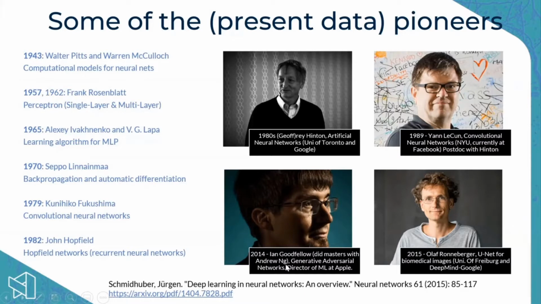And the final name I want to mention here is Ian Goodfellow. And he invented the adversarial neural networks. And these are a very, very exciting, somewhat revolutionary way of doing deep learning by having 2 networks. One is a generator, which will generate potential, in this case, let's say images, and a discriminator that will do nothing else but try and figure out, is the generator creating real images, or does it look real or doesn't look real.